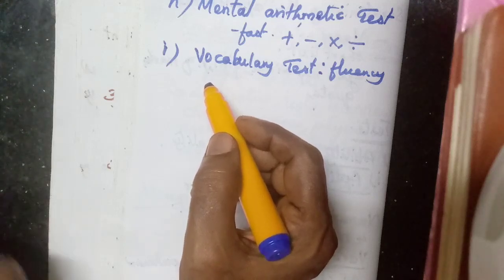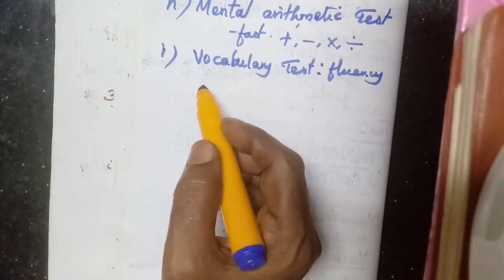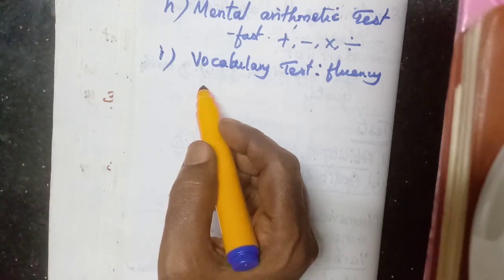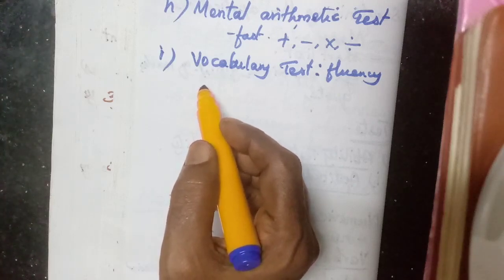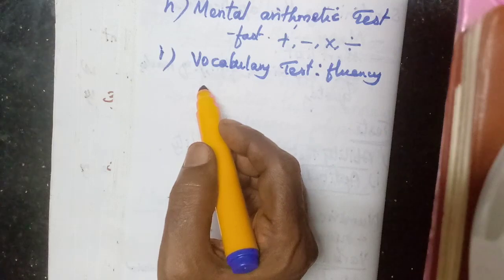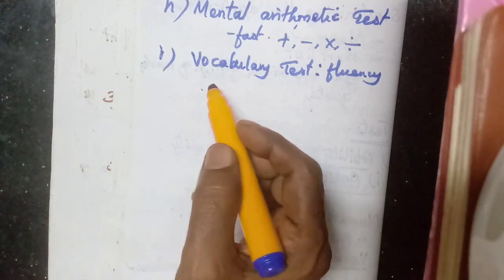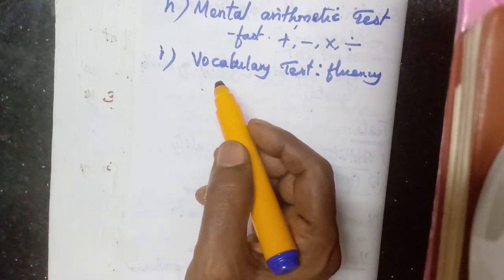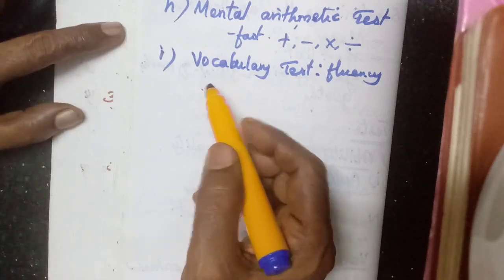Even in English we have vocabulary, isn't it? That means how homophones and all come, then syllables. All these things come under vocabulary. They check whether they know how to read and what they know about English.